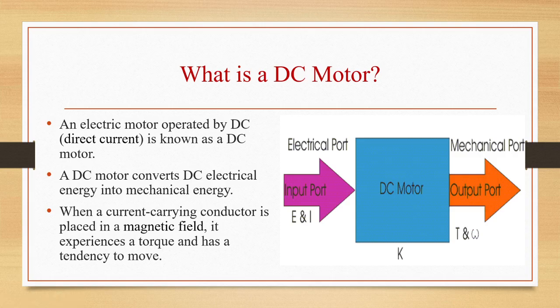So a DC motor is a machine which converts electrical energy into mechanical energy, and that electrical energy which it is converting is a DC one, because it is a DC motor. So a DC motor will convert DC electrical energy into mechanical energy.